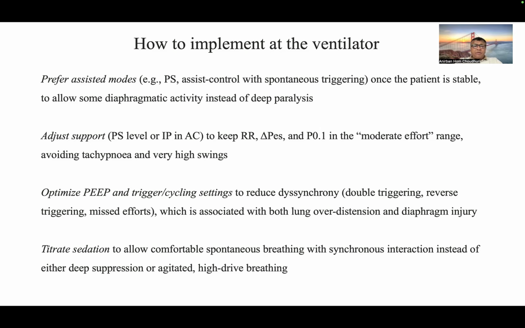All have to be optimized, because they are associated with both lung overdistension and diaphragm injury. Titrate sedation to allow comfortable spontaneous breathing with synchronous interaction instead of either deep suppression or an agitated high drive breathing. This is also very important.